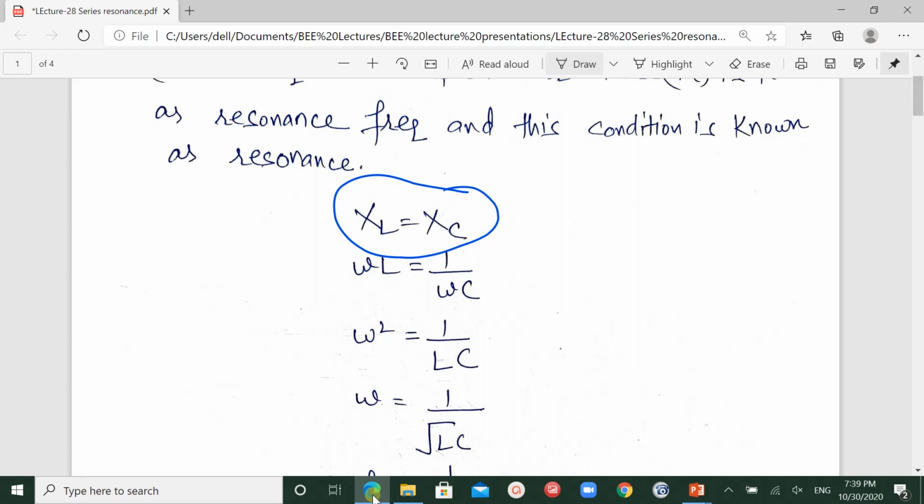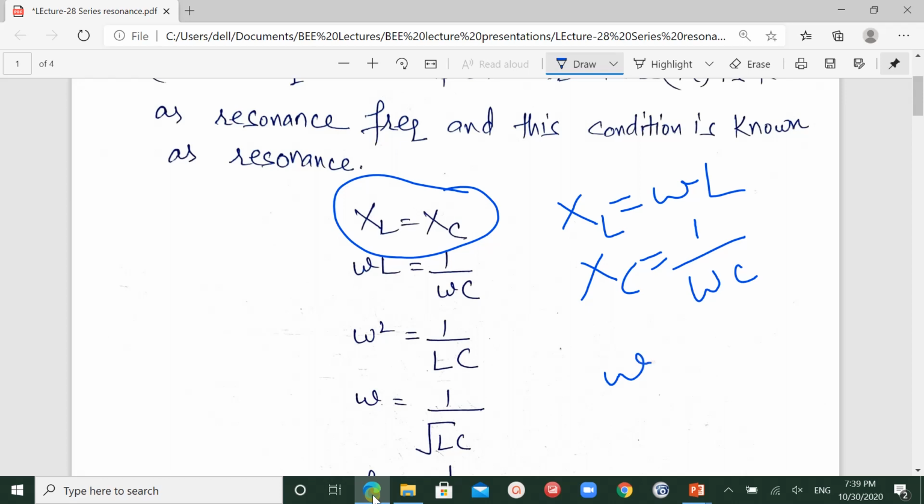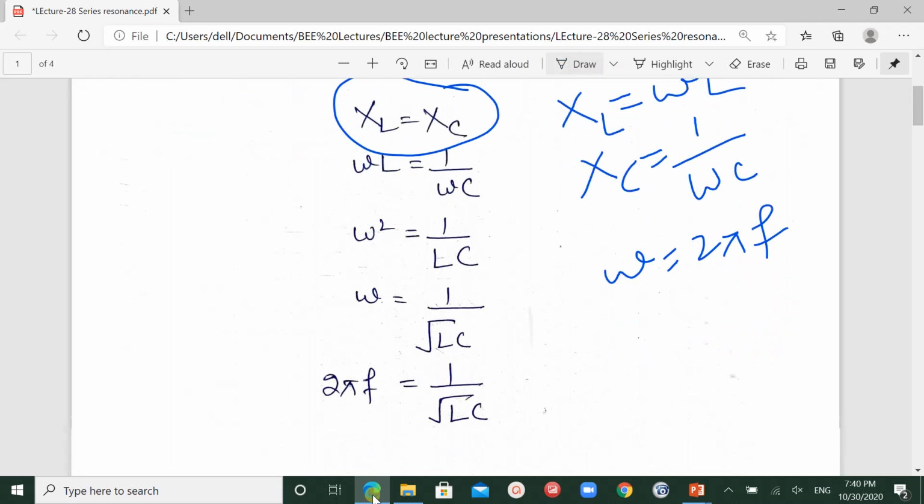As we know from the previous video lectures, XL is equal to omega L and XC is equal to 1 upon omega C, and omega is equal to 2 pi F. So we put the values of XL and XC, and it becomes omega L equals 1 upon omega C. Now omega square is equal to 1 upon LC, or omega is equal to 1 upon under root LC.